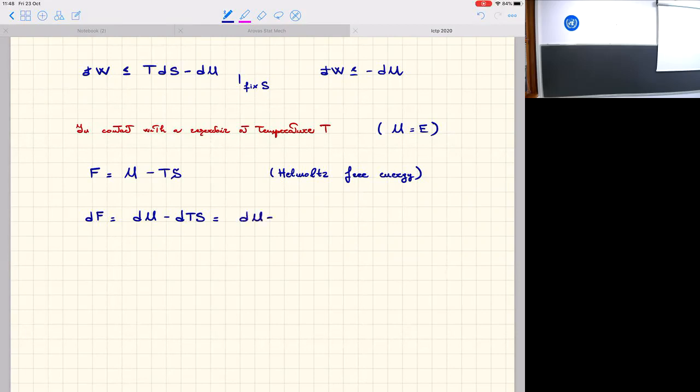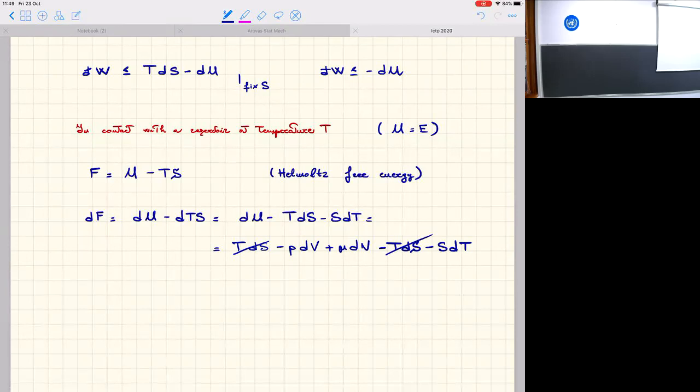So this is dU minus TdS minus SdT. And you see that overall, since dU is TdS minus PdV plus mu dN, the TdS here cancels the other one and leaves me with a minus SdT. So I'm able to describe a situation in which I fix the temperature and not the entropy. Okay? This is gone, and I have the other.